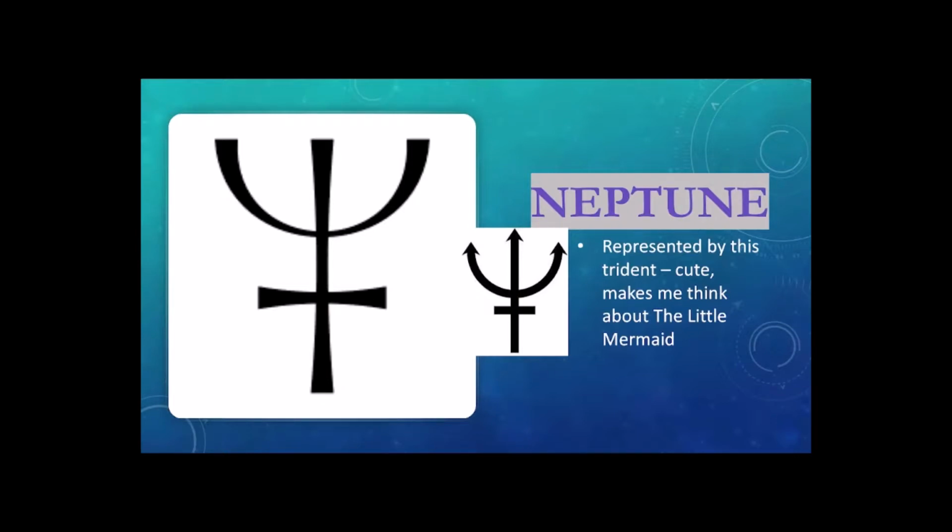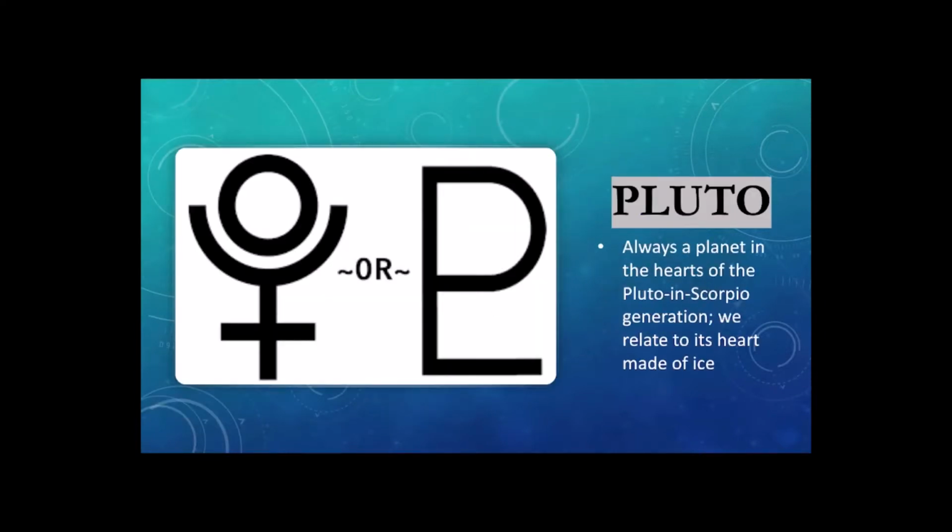It's not gotten super far. But then I guess I'm not that old yet. I'm just still older than the internet wants me to be. Anyway, that's Neptune. She looks like a trident. It's cute. Happy Little Mermaid time.